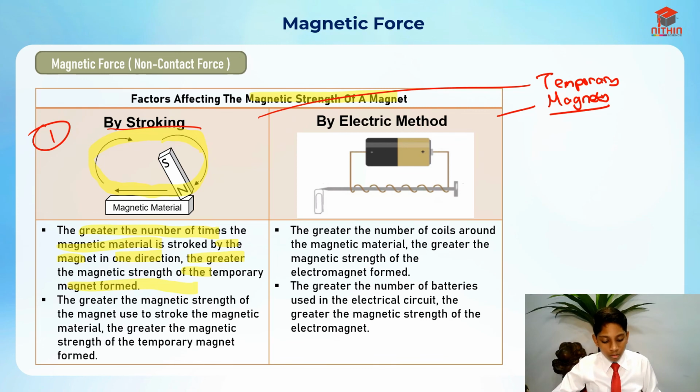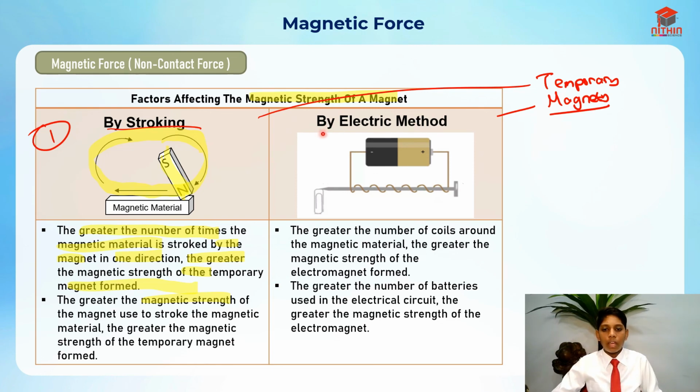Next, the greater the magnetic strength of the magnet used to stroke, so if this magnet is really strong and strokes the magnetic material over here, the greater the magnetic strength of the temporary magnet formed. Okay, so this is one factor over here.